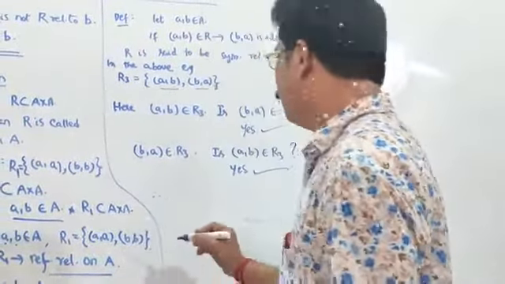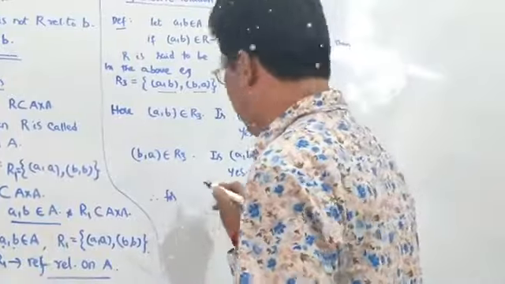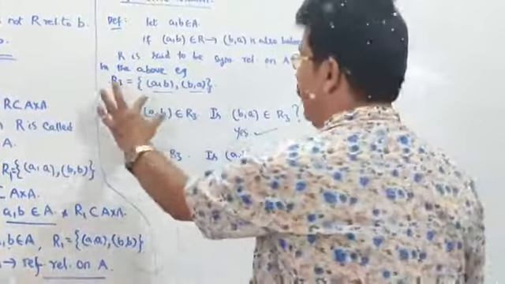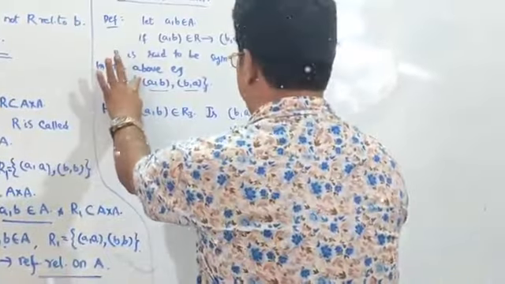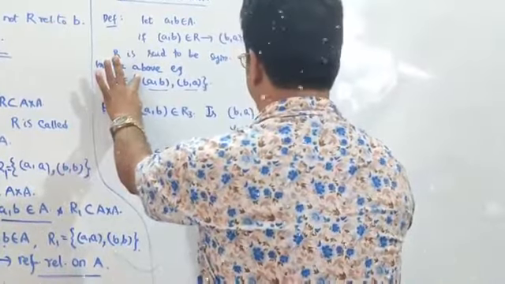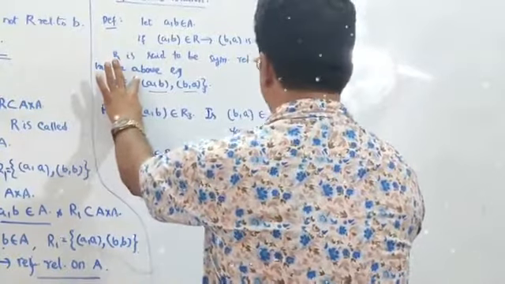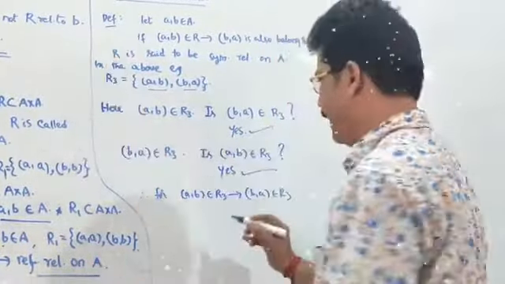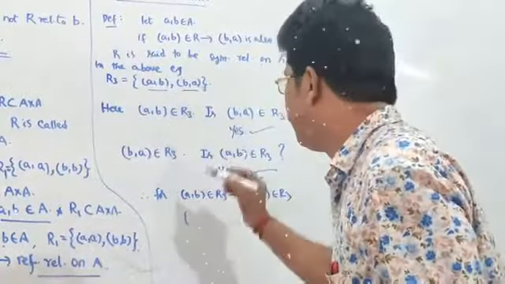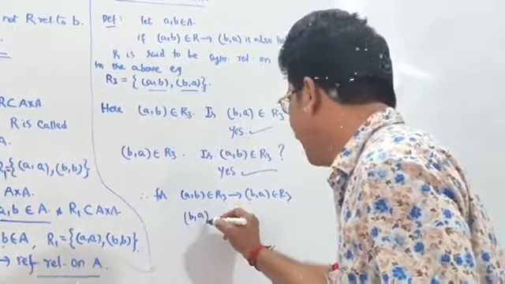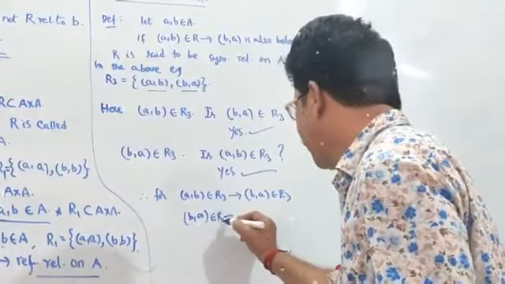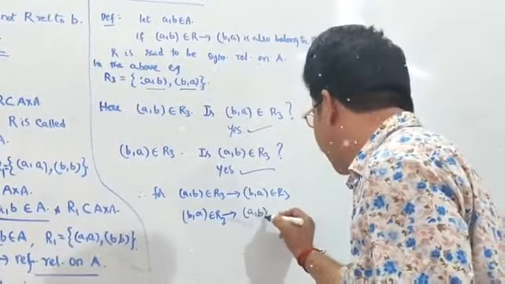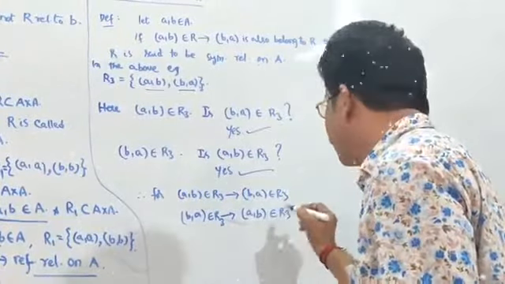Therefore, for the first element, (A, B) belongs to R3 implies (B, A) also belongs to R3. Second element, (B, A) belongs to R3, reverse order, (A, B) also belongs to R3.